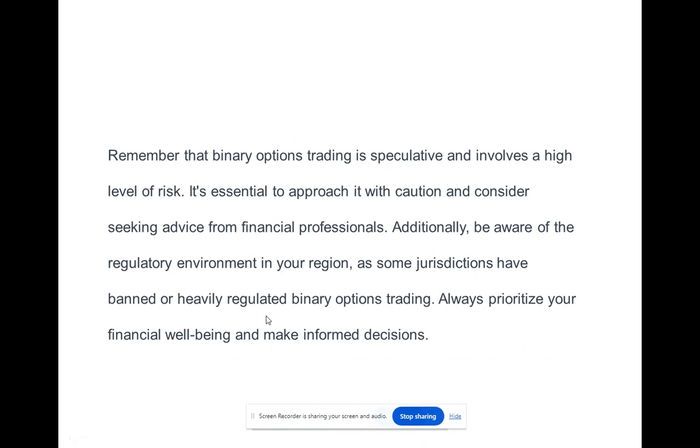Always prioritize your financial well-being and make informed decisions. You must remember that trading binary option carries a high level of risk. Keep that in mind.